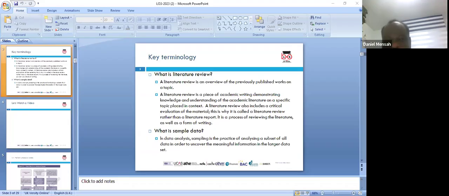Yeah, I did. And so we then have to look into the sample data. When we say sample data in your research work, you need to have a system of collection of your data. Okay, and your data collection is a subset of your scope of writing.